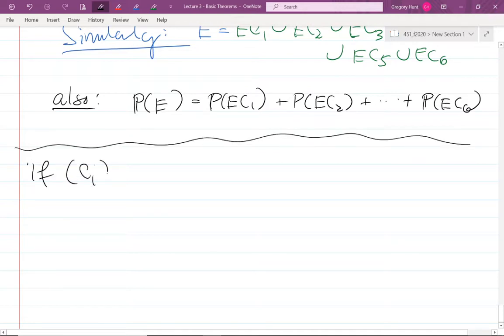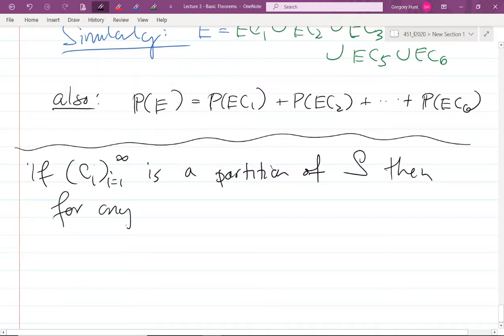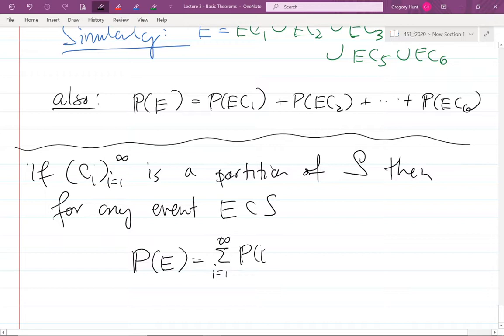If I have some partition C_i, say a potentially countable partition of my sample space, then for any event E, a subset of my sample space, the probability of E is the sum over my partition, where I calculate the probability of E intersect with each of those things in the partition.